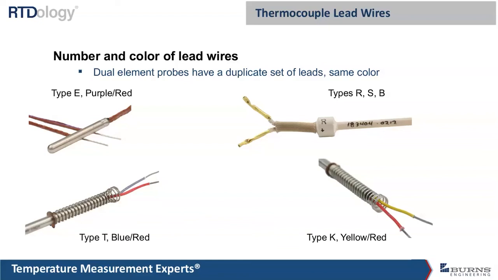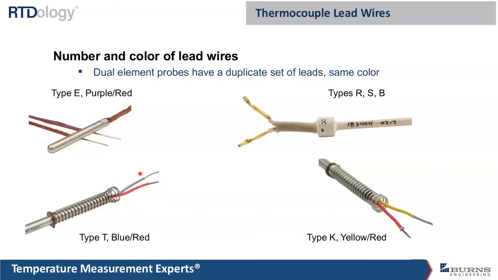Okay. So thermocouple lead wires are typically just going to be 2 leads per sensor. And these are color coded for the base type of thermocouple. So that's a type J, K, T, or E. On the diagrams here, some of these it's really obvious that it's blue and red.